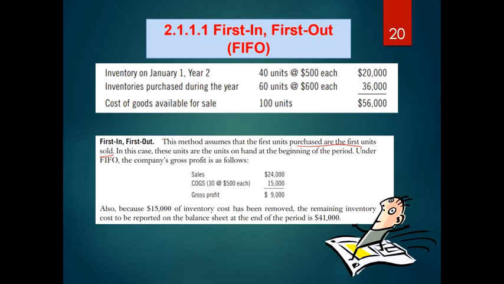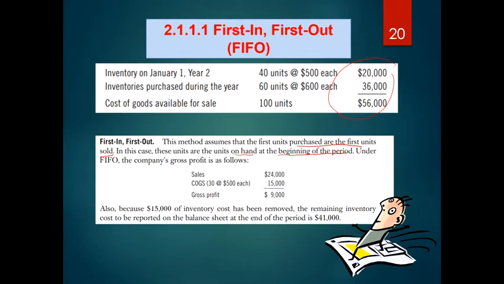In this case, these units are the units on hand at the beginning of the period. This one, the first one, is the beginning of the period. So under first in, first out, the company's gross profit is as follows.